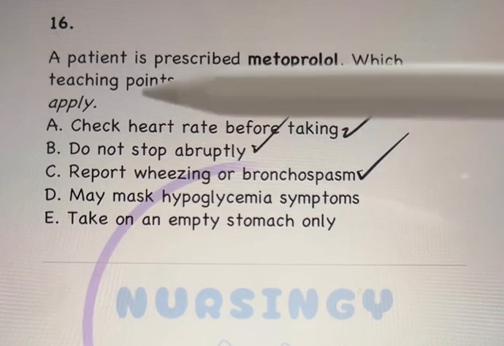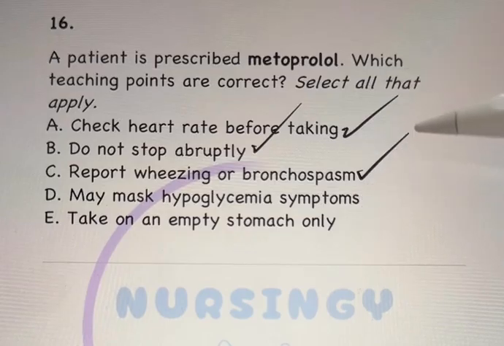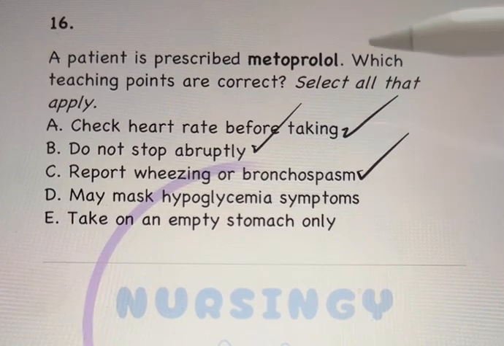So we definitely need to report it. That is another reason, if patient is already having asthma, it makes it worse. Definitely, if patient is having asthma, then we don't prescribe metoprolol, or we need to carefully watch it.